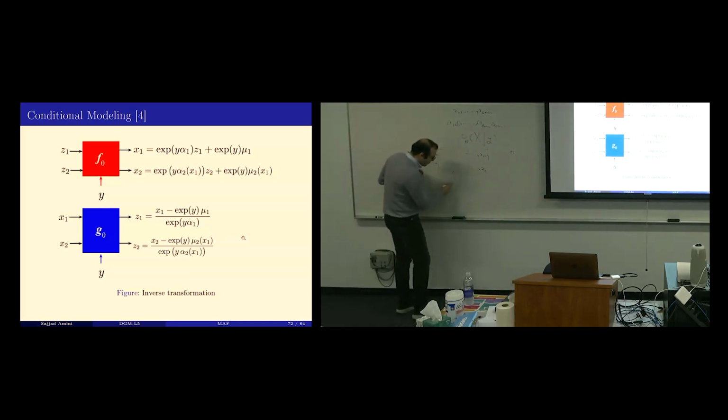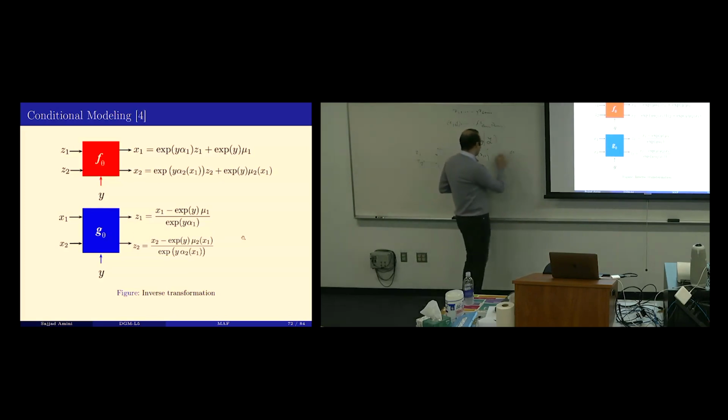In this case, y totally affects your transformation. Assume that I consider y to be 0 or 1. Here, if y equals 0, I have one transformation which has no y. Y is just in this condition.